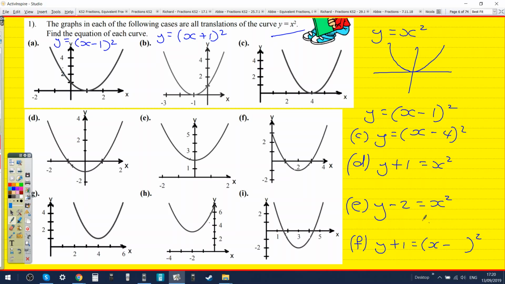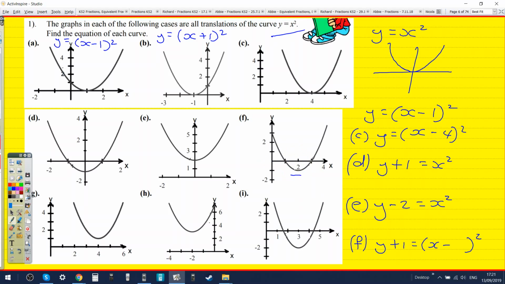Not 4. What's the x coordinate of the minimum? Okay, x minus 1 then?